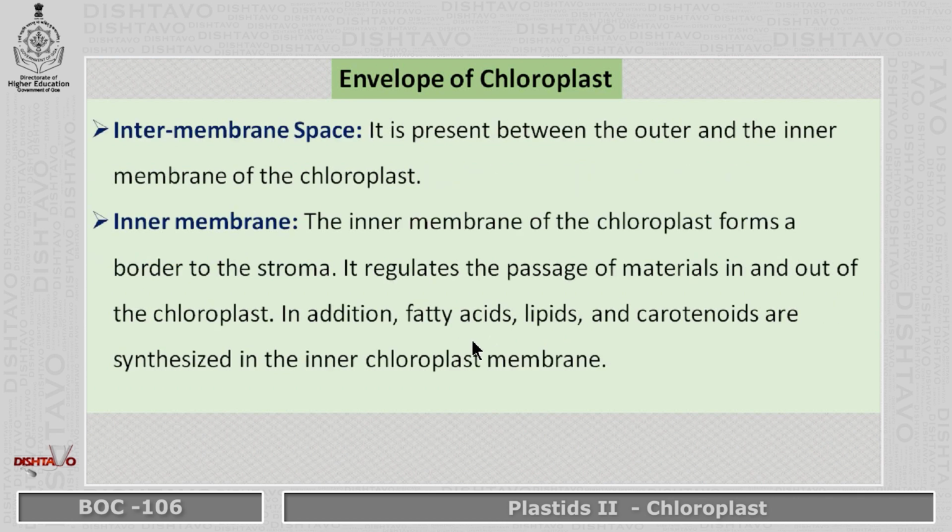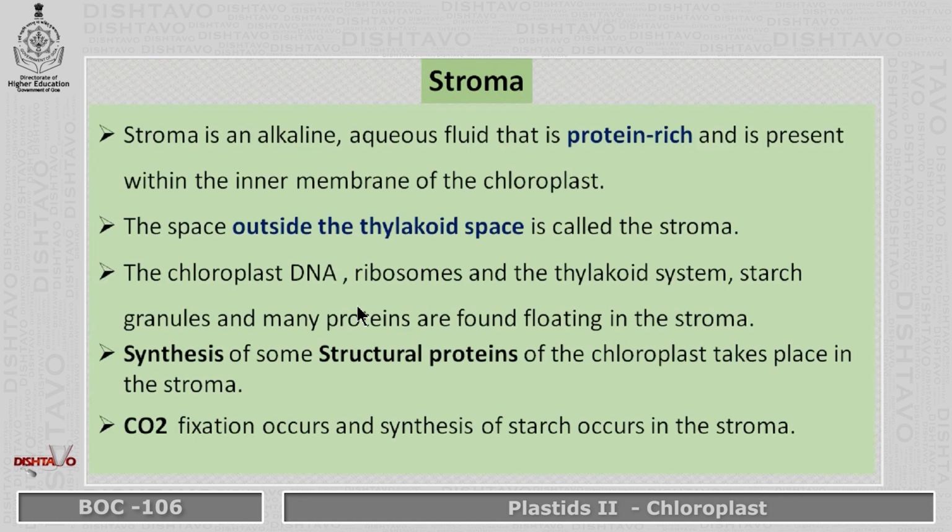The outer membrane is not permeable to large proteins. Whereas the intermembrane space is between the two membranes, followed by the inner membrane, which is the border for the stroma. It regulates the passage of materials in and out of the chloroplast, which include fatty acids, lipids, and carotenoids that get synthesized and can move in and out through this membrane.